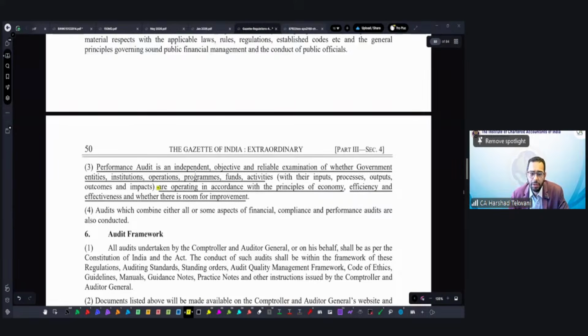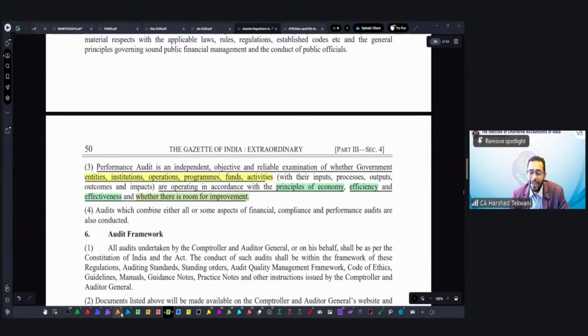Let me highlight that again: we are talking about a particular entity, institution, operation, program, or fund or activity. That's the subject matter. That subject matter is operating in accordance with the principle of economy, efficiency, and effectiveness. And the third point is whether there is room for improvement. That is something we are talking about.